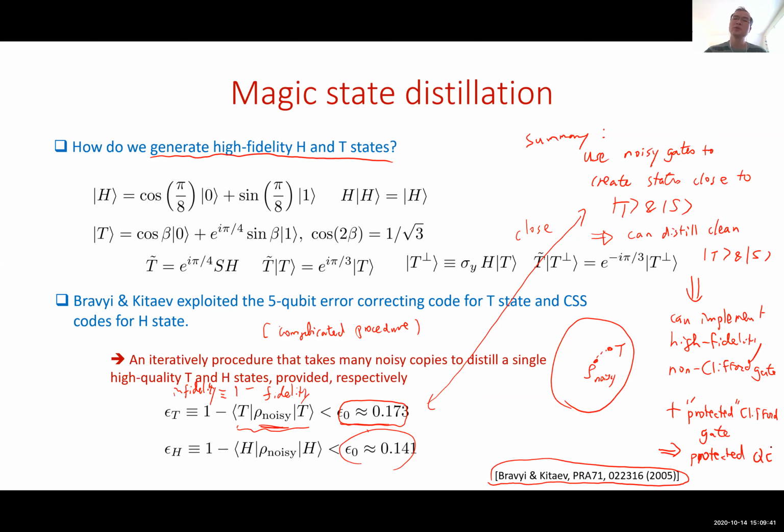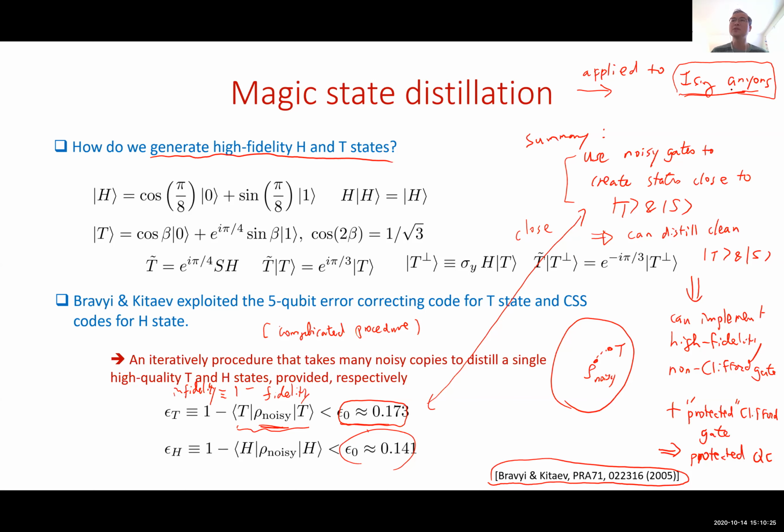So if this is applied to the Ising anyon, and if the noisy non-Clifford gate can allow you to create T and S state close enough, then this Ising anyon would be useful for quantum computation. So that is one motivation to use this magic state distillation.